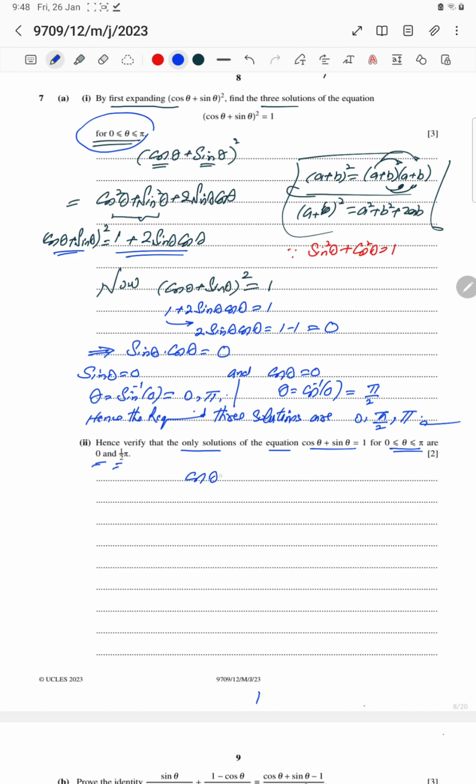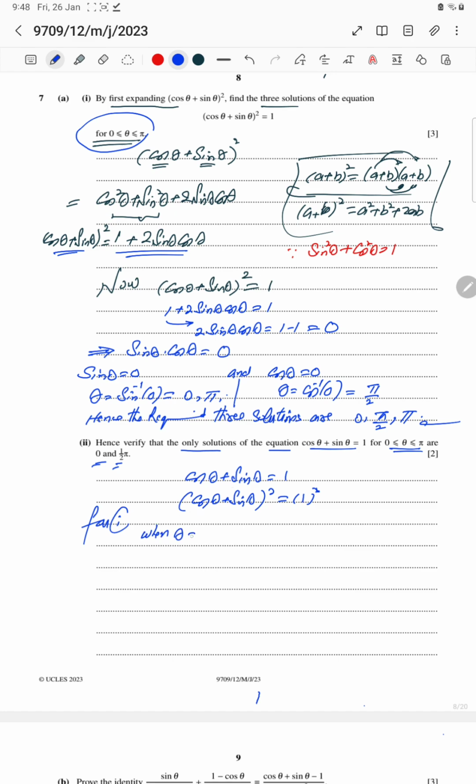So we have cos theta plus sin theta is equal to 1. If we take the square on both sides, as in part A, we solve this and get the solutions. We have to just verify them. From the first part, we got three solutions, so we need to substitute all three solutions one by one to find the right ones.